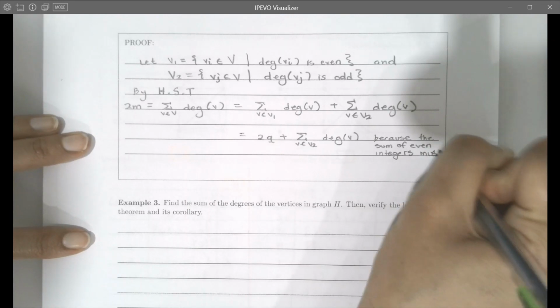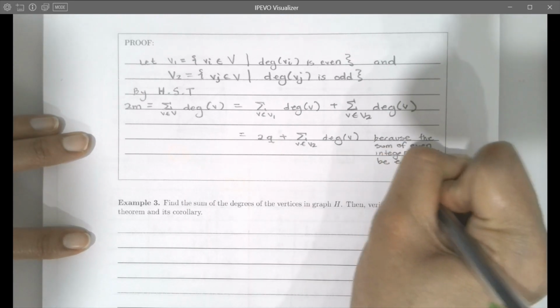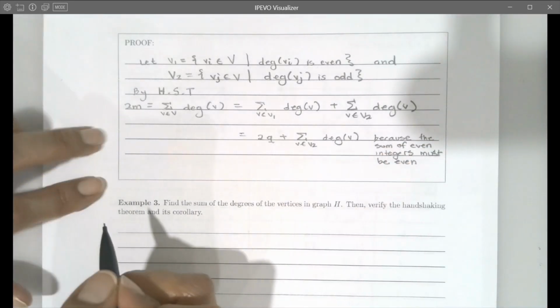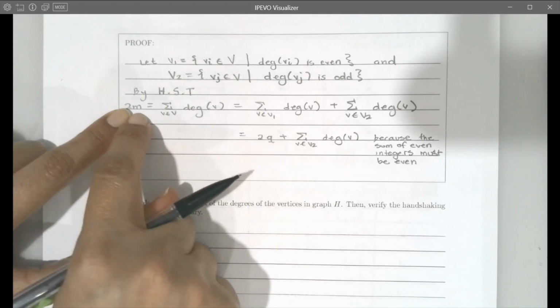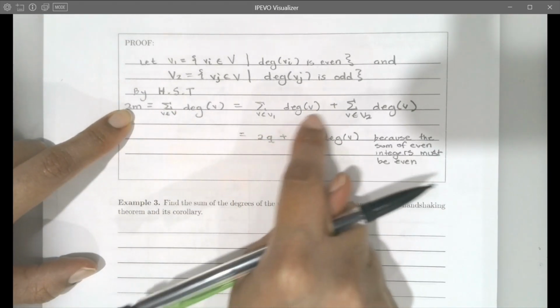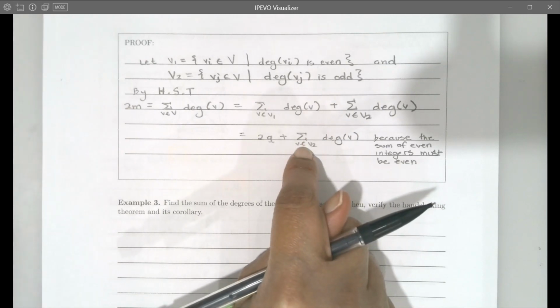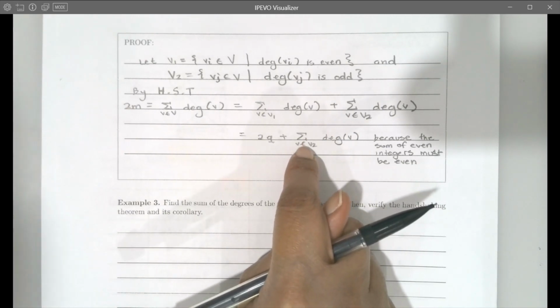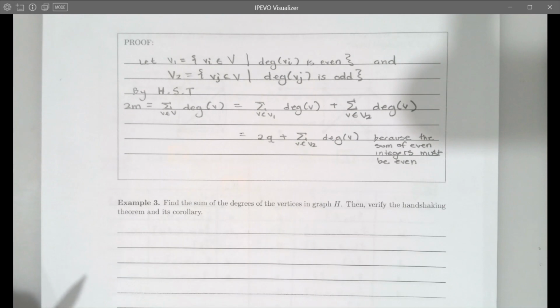Okay, so notice what we have now. We have that 2m will be equal to 2q plus the sum of the degrees of all of the vertices in V2.